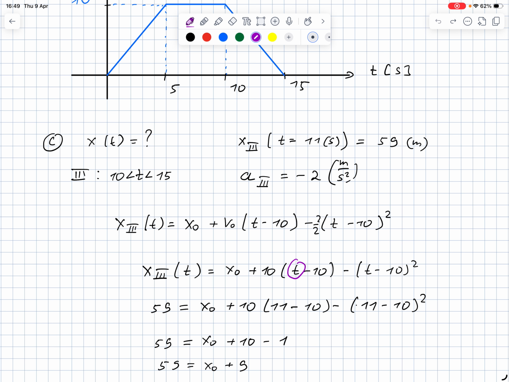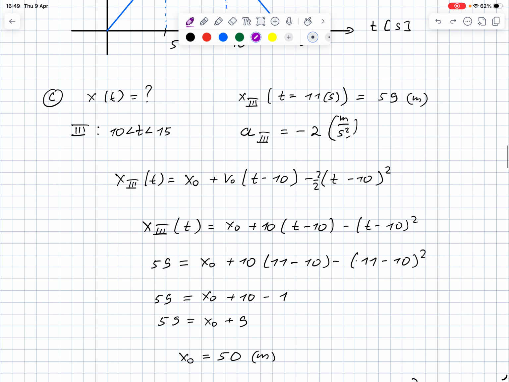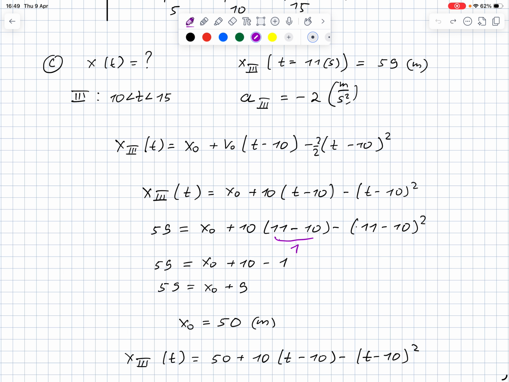So 11 minus 10 gives us 1, and here also 1. Then we have this expression: x0 plus 10 minus 1, which is 9. And finally, the initial position when t equals 10 seconds is given by this value.